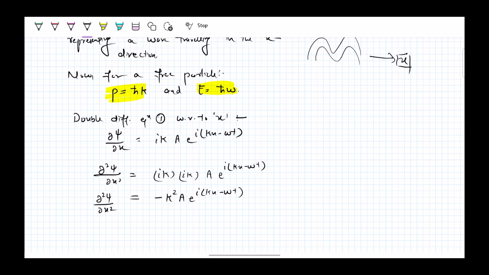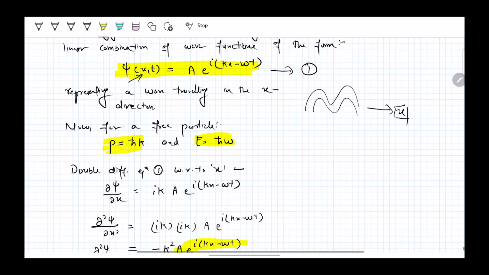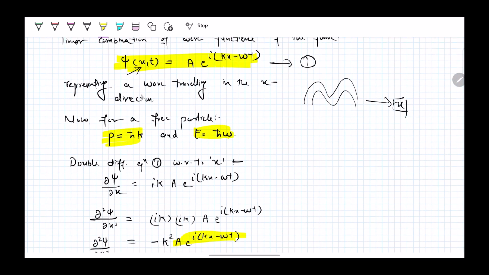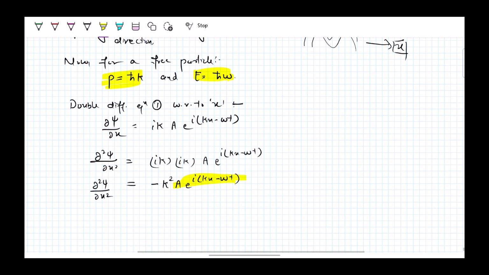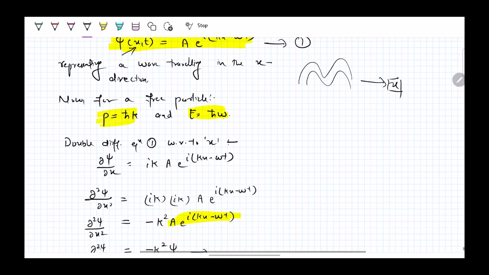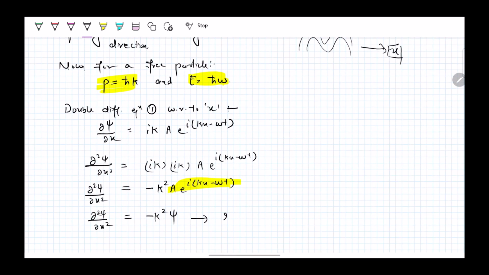Now this term is again equal to our equation number 1, so this equation can be written as minus k square psi, right? This is our equation number 2.